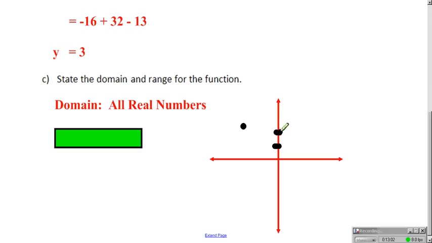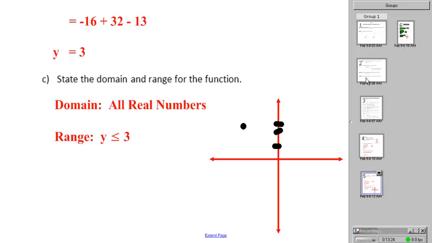We know that this value here was 3, so your range deals with your y value, and since it's curving down, it would be y is less than or equal to 3.